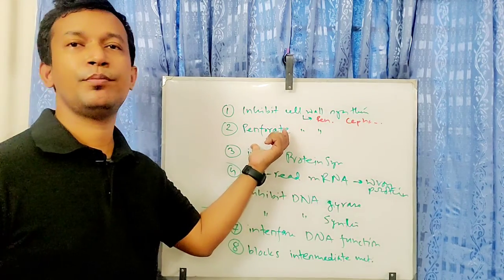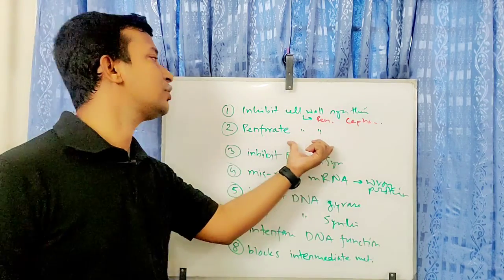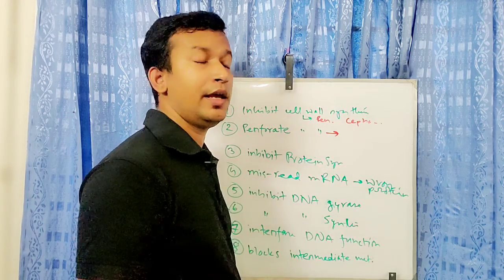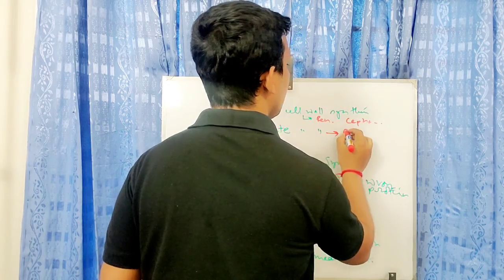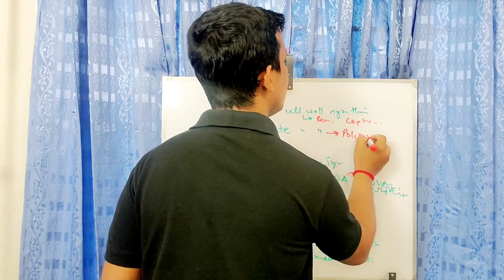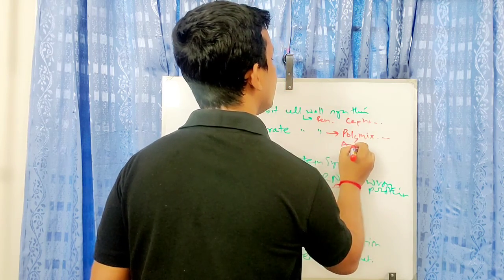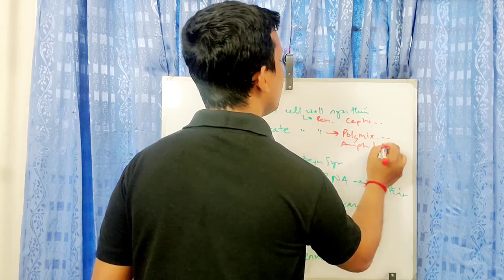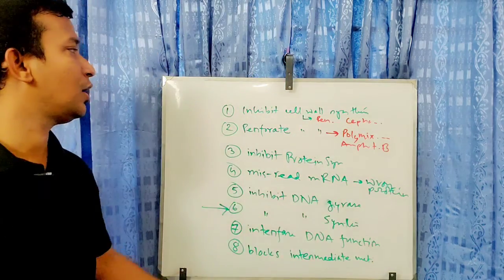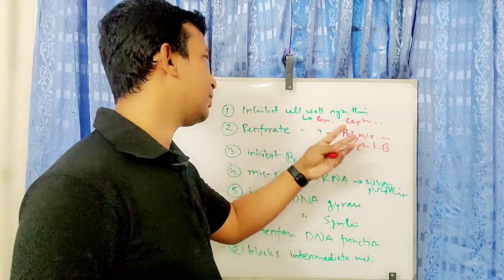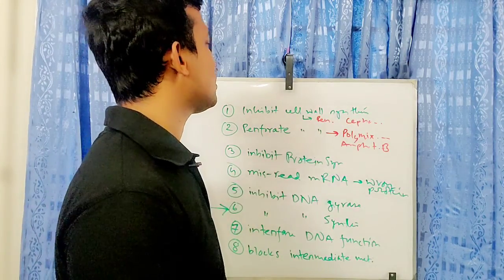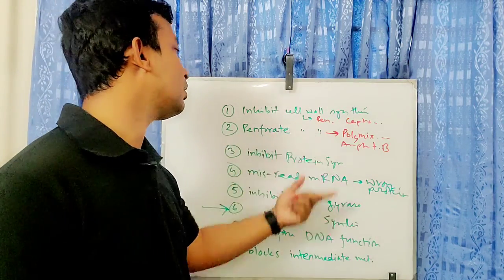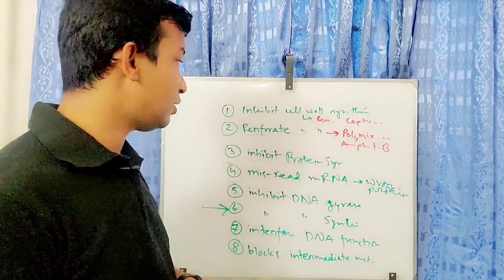Now who can penetrate or who can make holes into the cell wall? These are polymyxin, amphotericin B. These are the drugs that can make holes into the cell wall. So cephalosporin, penicillin, they can inhibit the cell wall synthesis. Polymyxin, amphotericin B, they can make holes into the cell wall so that the internal materials will be leaked out.